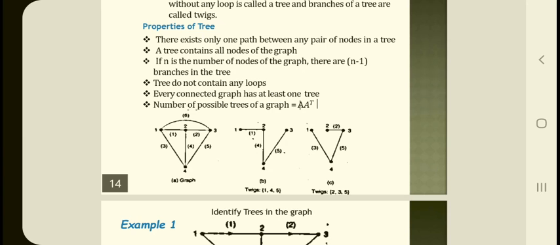The tree does not contain any loops; observe that there is no loop in figure B and figure C.